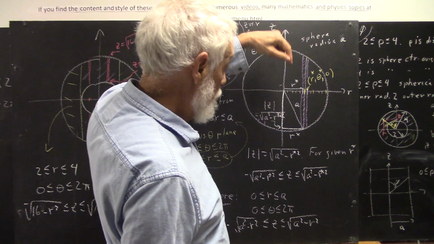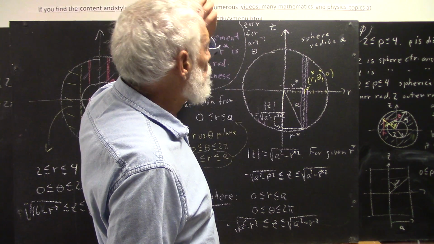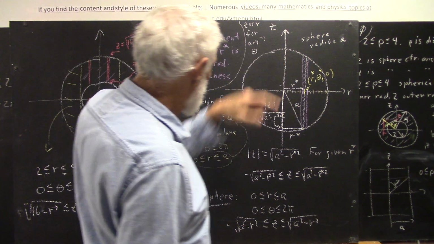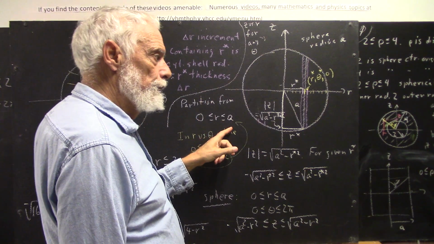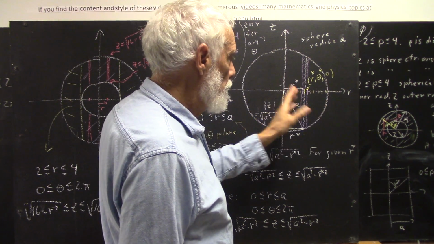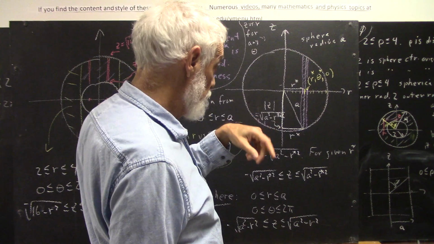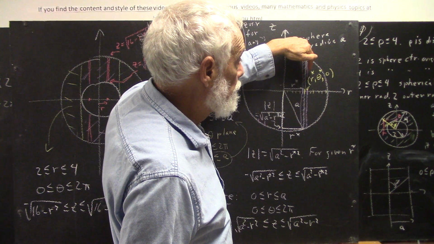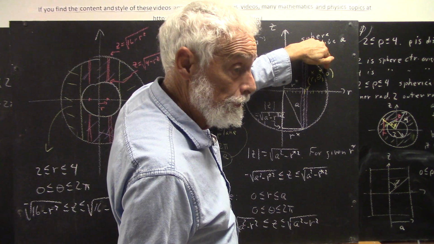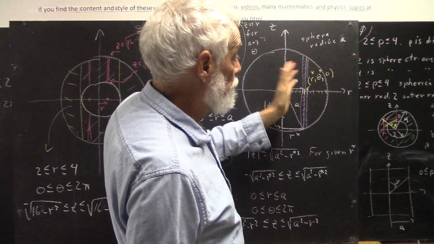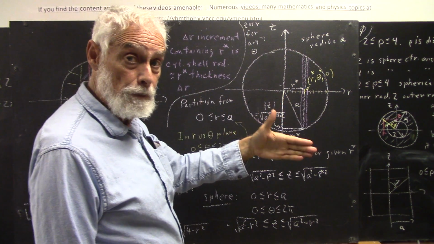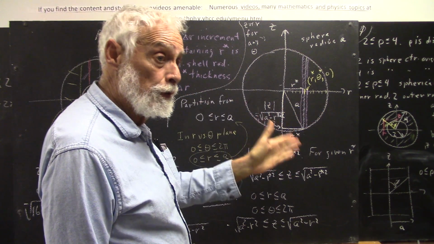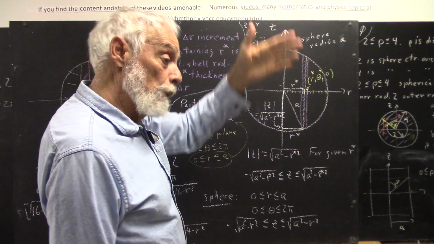We imagine partitioning the interval from r equals 0 to A into a bunch of smaller sub-intervals. And we think of a typical interval here, which contains the point r star, theta star, 0. Theta star is whatever theta happens to be right now, depending on the orientation of the vertical plane with which we cut the sphere.